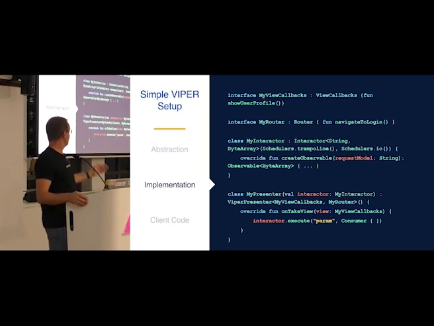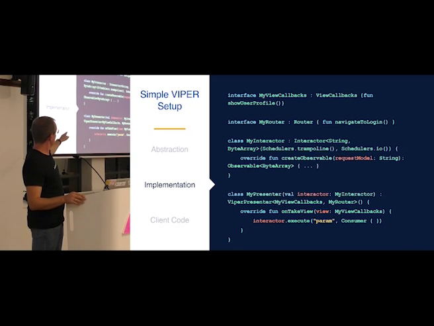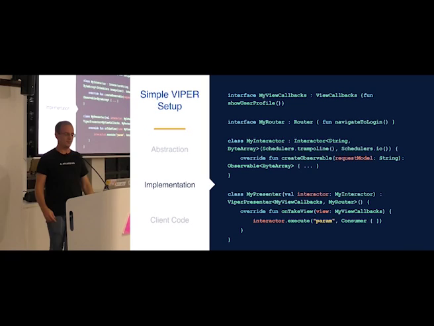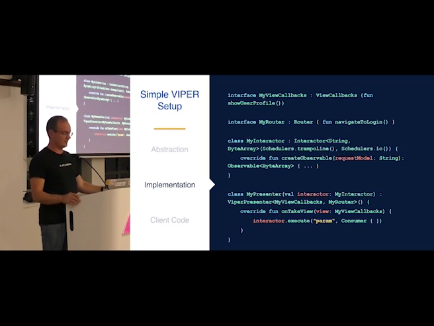And then there's going to be my presenter, which extends Viper presenter, and here you specify which view callbacks and router callbacks you expect, and then you can work from there. You can launch your interactor, and well, remember that a presenter can have multiple interactors, and that's totally fine to execute several of them.